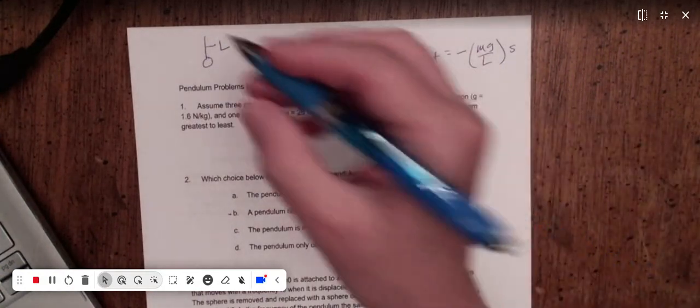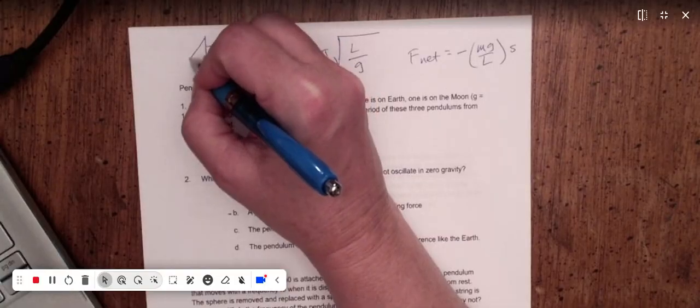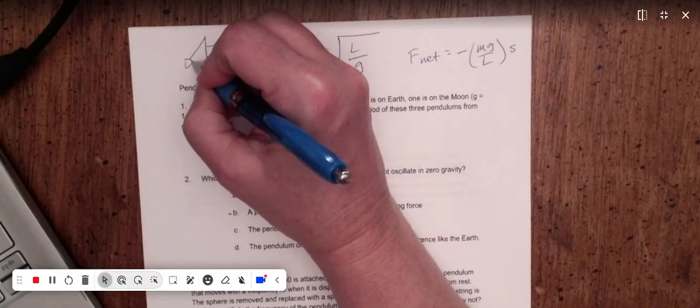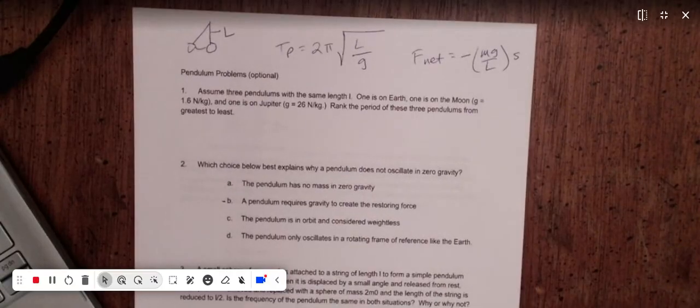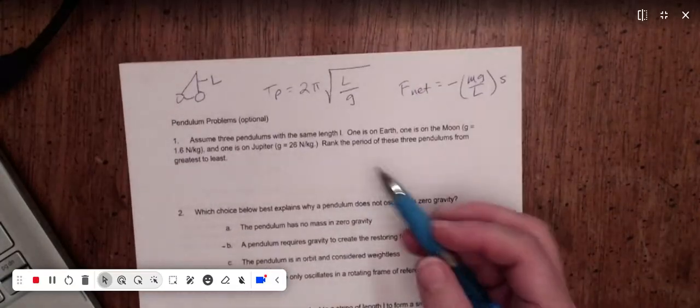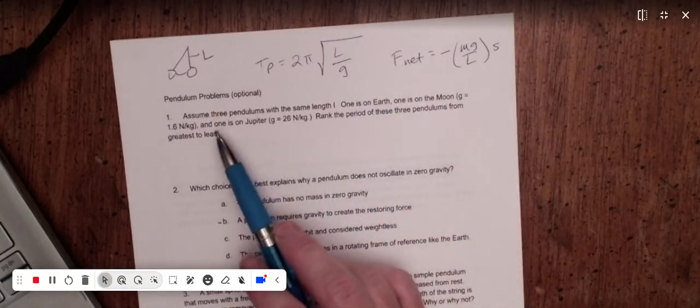This is like an amount that this would sweep out as it moves. So that's like a displacement for the pendulum, but it's not a linear displacement because the pendulum really doesn't move linearly. So we'll use these equations as we go through some of this.